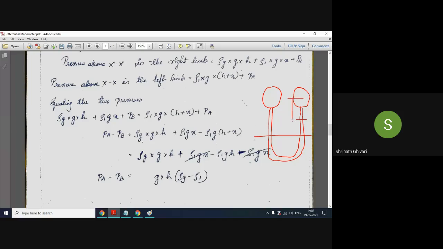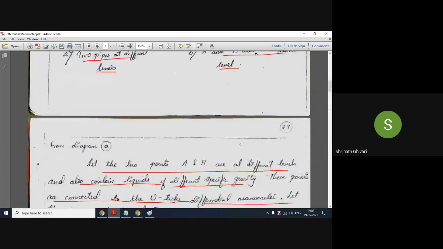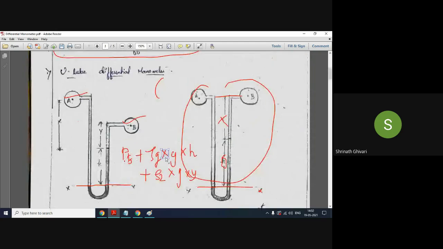From this level it is X, and from this level to this level it is H. Correct? Now based on this, can anyone tell me the equation?